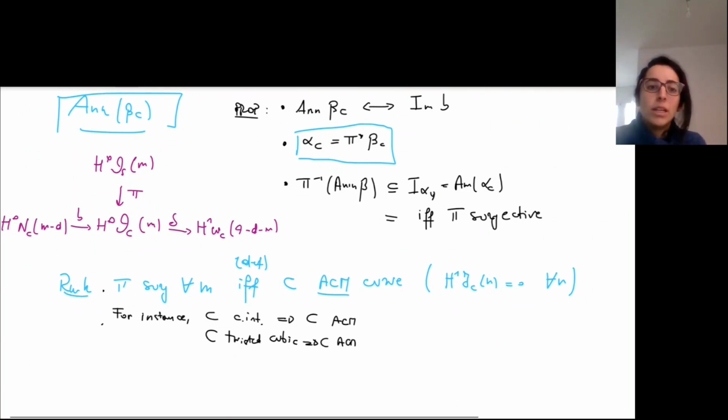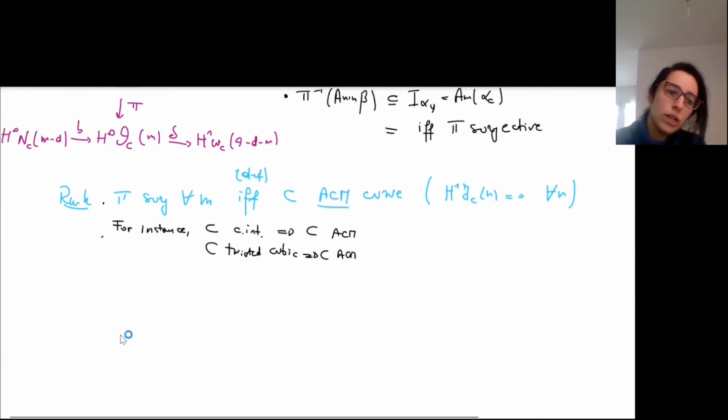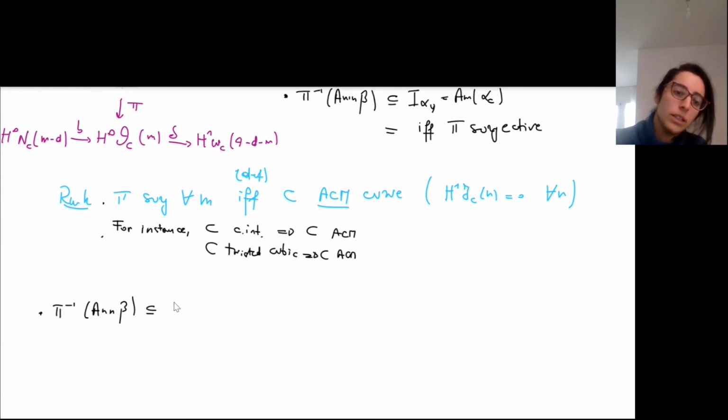Okay, so I rewrite here what I said: pi minus 1 of the annihilator of beta is contained in E alpha Y. And also that stupid remark that the kernel of pi, so pi minus 1 of 0, is the homogeneous ideal.